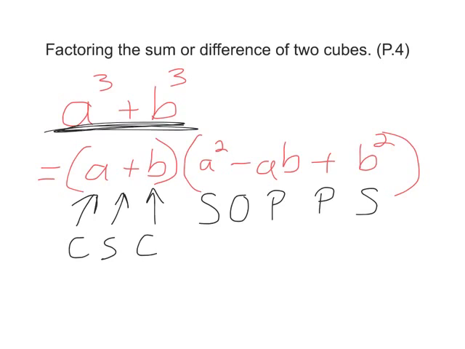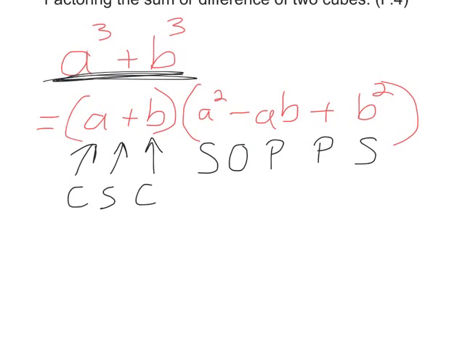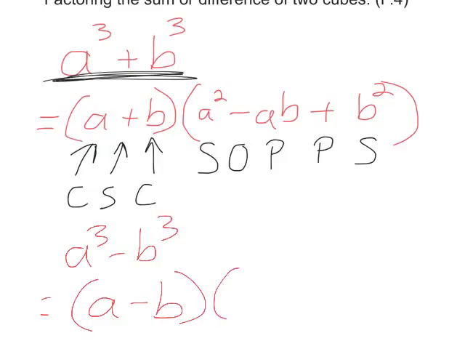So let me just show you that real quick. a cubed minus b cubed is going to be cube root, same sign, cube root, okay? And then pulling from the binomial, square the first, opposite sign, product, plus square the last. And notice that second sign there, that plus is always a plus. It doesn't matter what you have in the original binomial, whether it's a sum or a difference. Either one doesn't make any difference, okay? So this is a little formula we use.